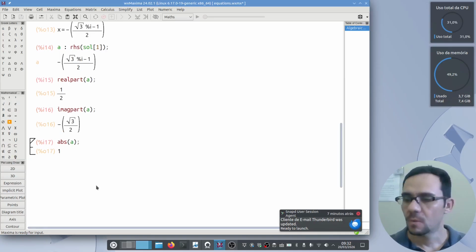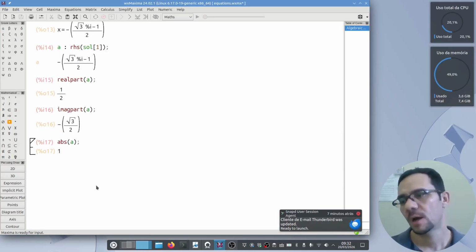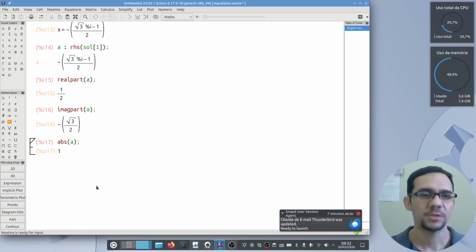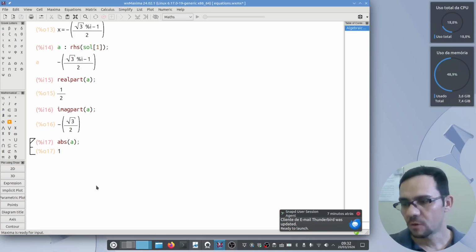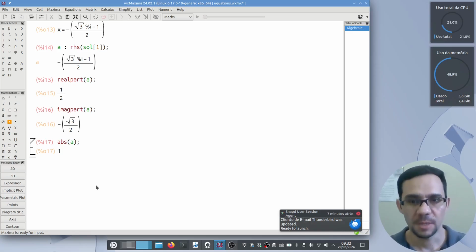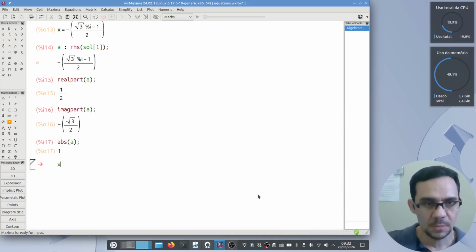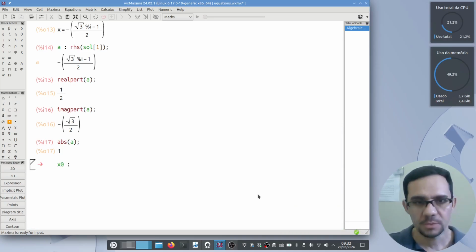Let's try now an example of a motion with a constant acceleration, to see how solve can help us to solve physics problems, or maybe to prepare our classes, for example. So let's try a particle that starts on this position.